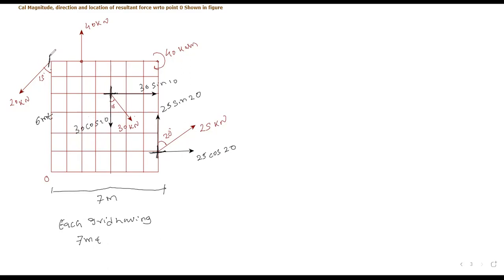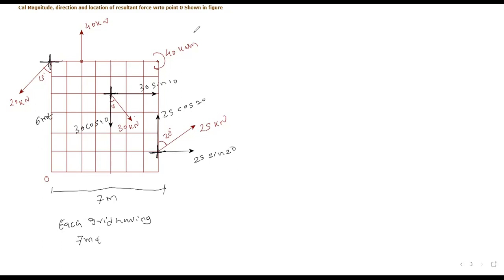Similarly, this force is in a third quadrant. Sir, why cos? Just a minute. Okay, my mistake. Here angle with y-axis, that's the reason 25 cos 20. Here 25 sin 20.